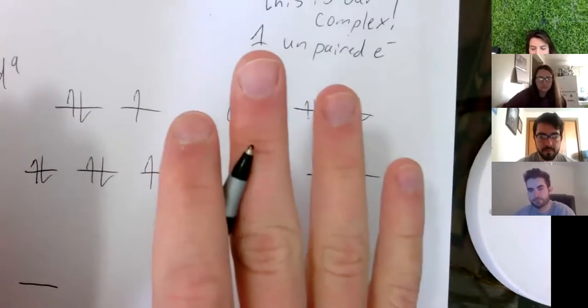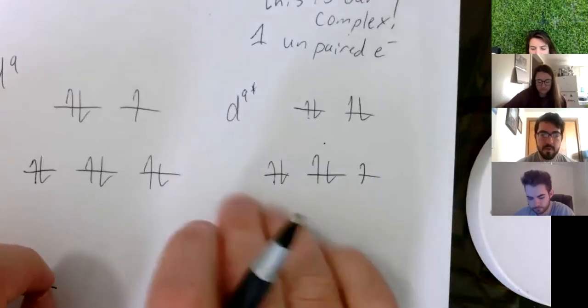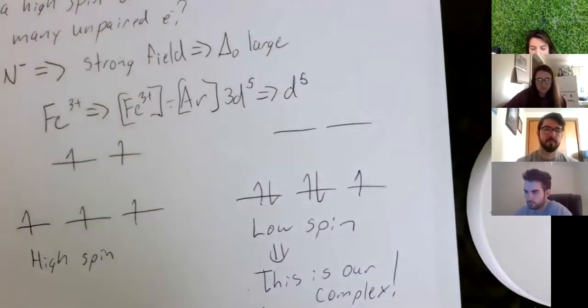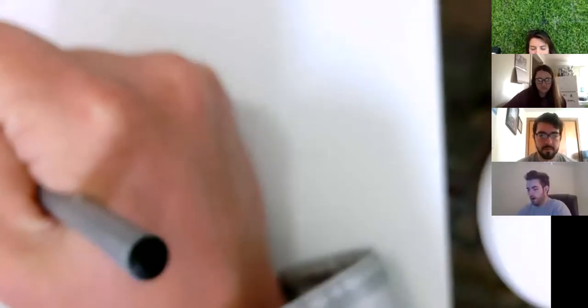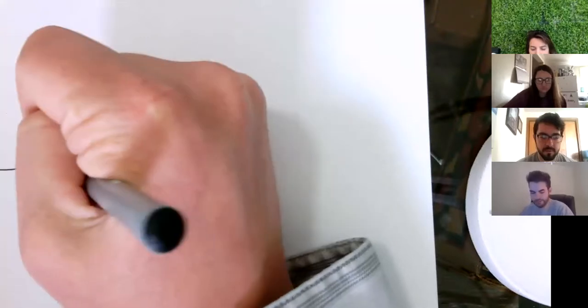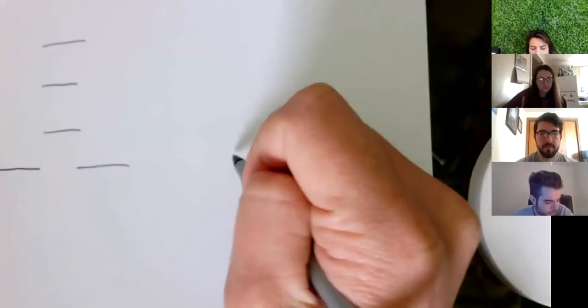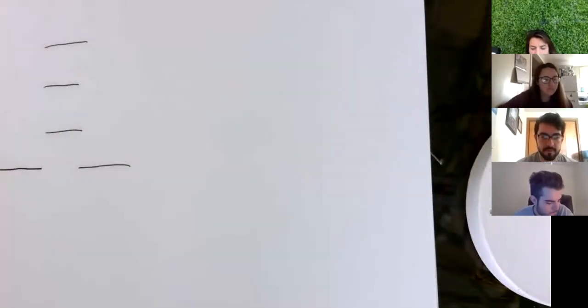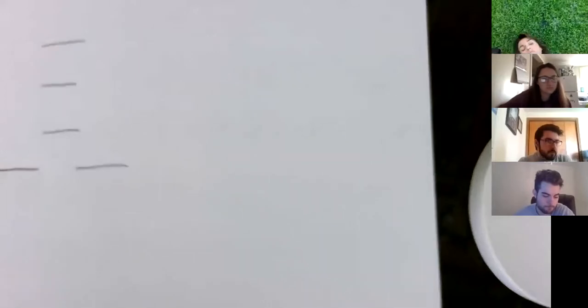There might be other systems where that's not true, like tetrahedral, which might change a little bit. This is a good question: what type of ligand field splitting is that?